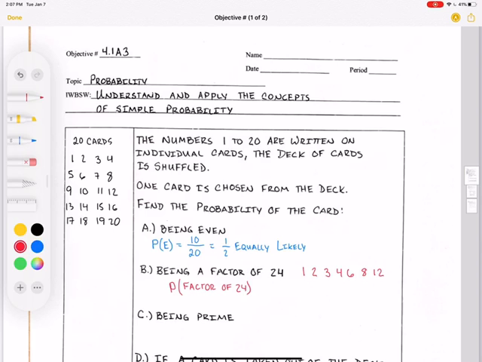So I have 1, 2, 3, 4, 5, 6, 7. 7 factors of 24 in my list of 20. That gives me a probability of 7 out of 20.